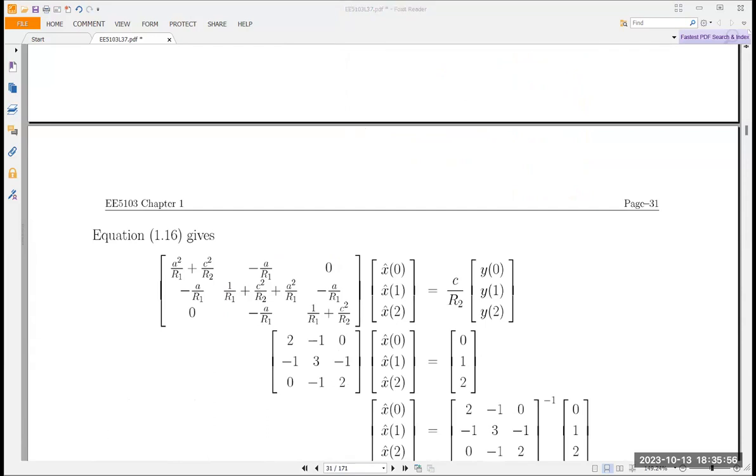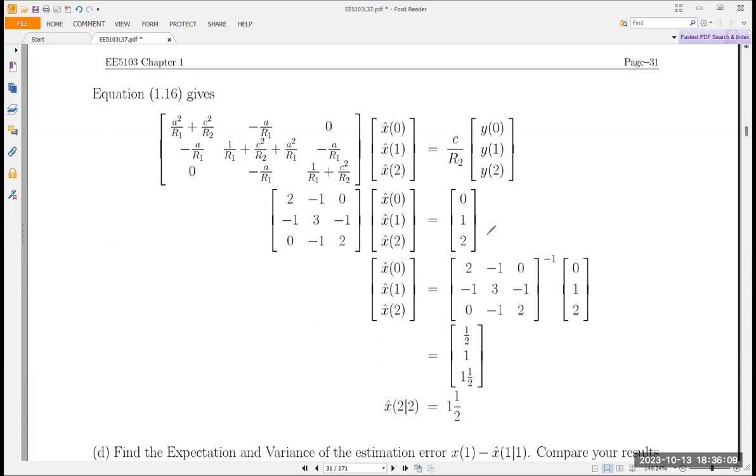So you use the first row, the second row, and the last row. If you do that, then you write things out, you will get here. Then if you stick in all the numbers, you will get this. Then after that, you invert, you stick in all the 0, 1, 2, you will get here.